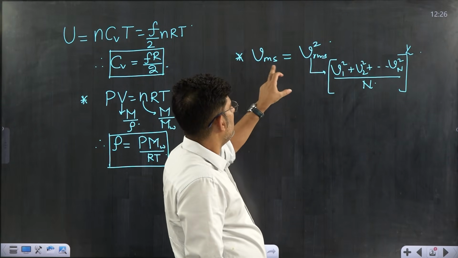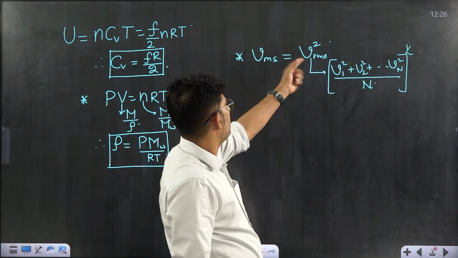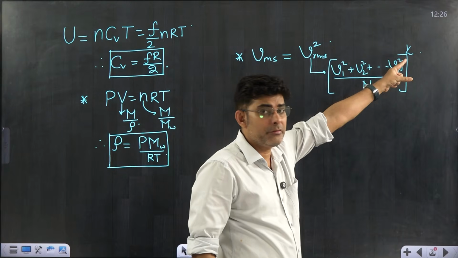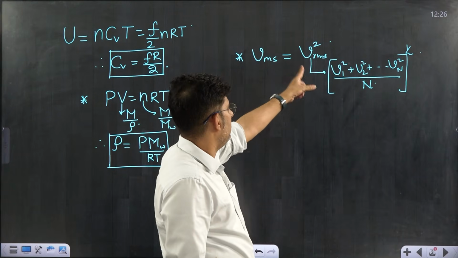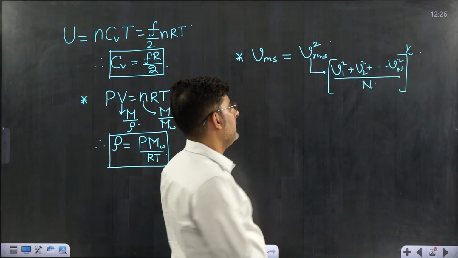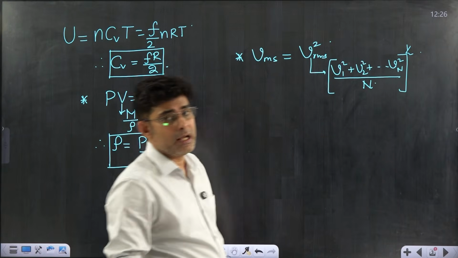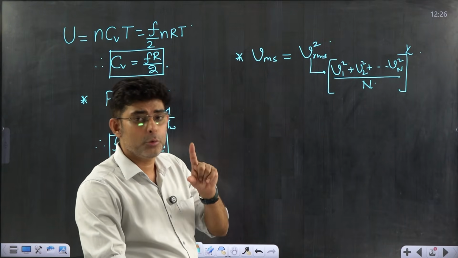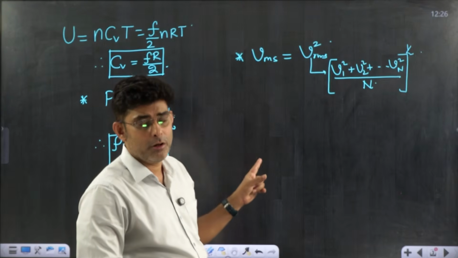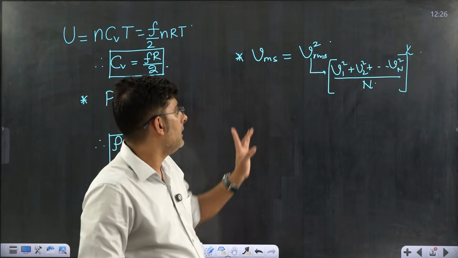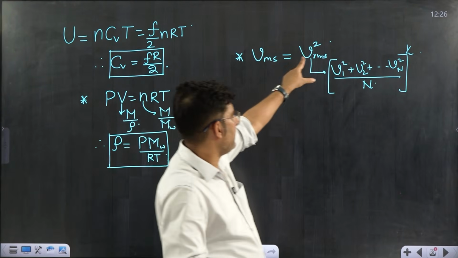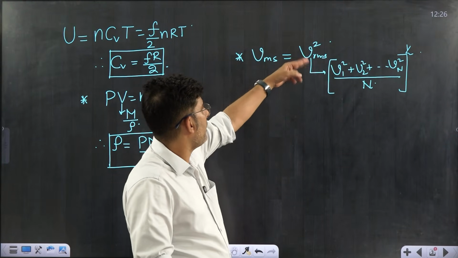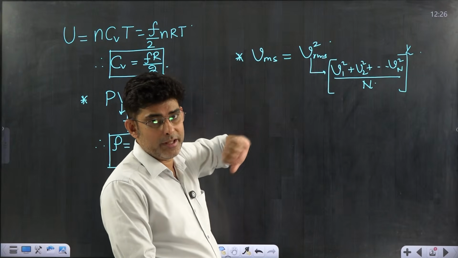So VMS is VRMS square. So you can see (V1 square plus V2 square plus Vn square) by n, to the power 1 by 2, is VRMS, right? For Maxwellian ideal gases, this value comes as root 3RT by M. It is not always root 3RT by molecular weight. It is only for those gases which obey Maxwell's law of kinetic theory of gases, right? Otherwise, in general, the method of finding VRMS is, if the speeds are known, you will use this. And when you take the square of VRMS, we call it the mean square.